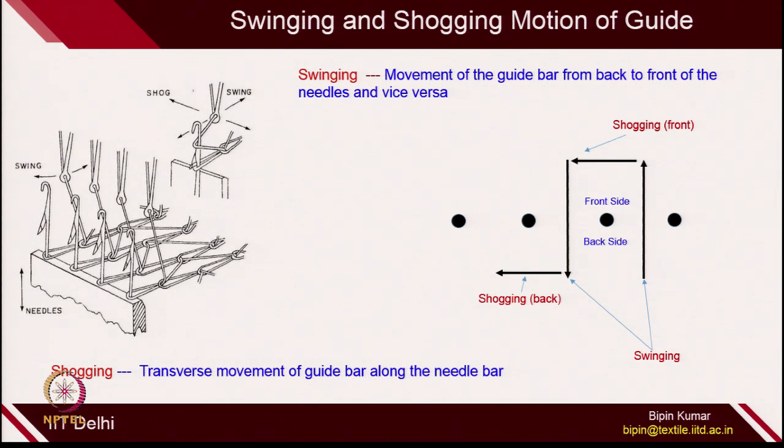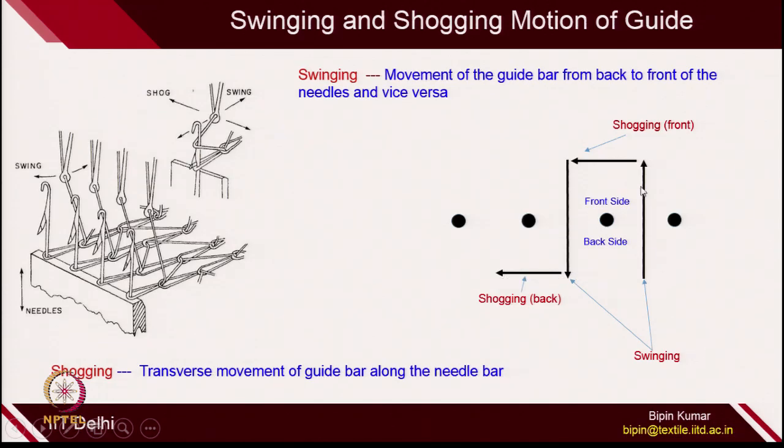Now, let us see again what I just described here. We started from here. First swinging, then shogging on the front side, then swinging towards the back side, then shogging on the back side, and after that it changes the position.